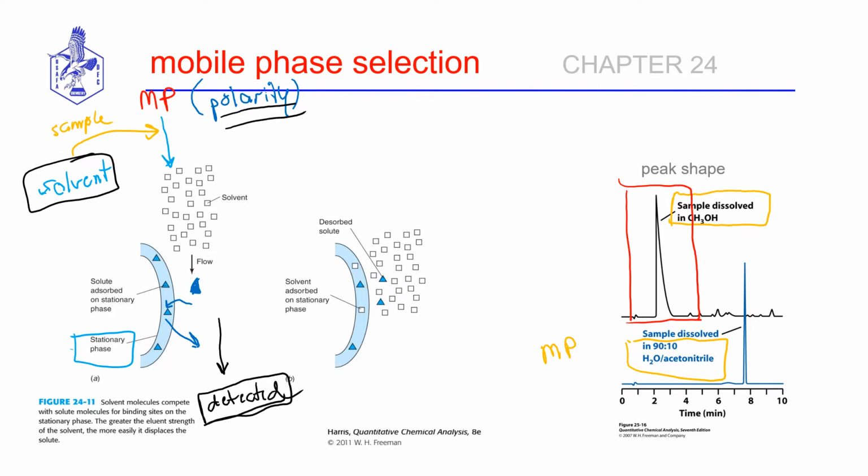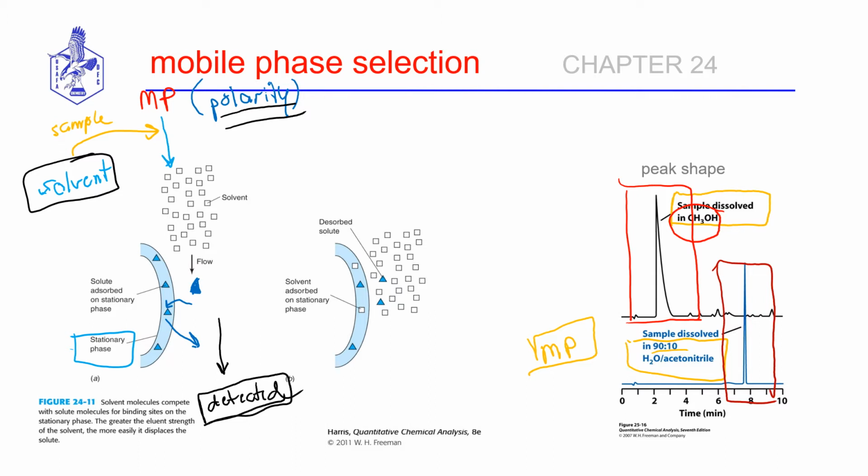Methanol is considered a fairly strong eluent in terms of polarity. If we want to improve the peak shape of our analyte coming off, had we dissolved it in the mobile phase that I'm using, the 90-10 mixture of water and acetonitrile, I get a much better looking peak that is very narrow and symmetrical.